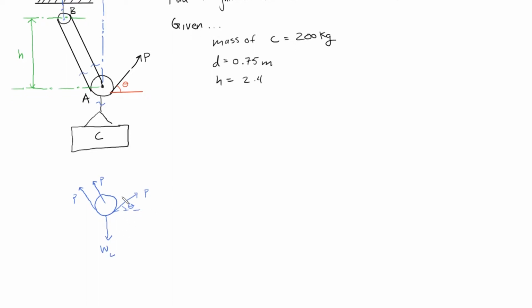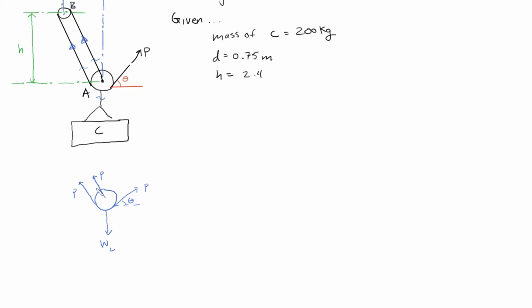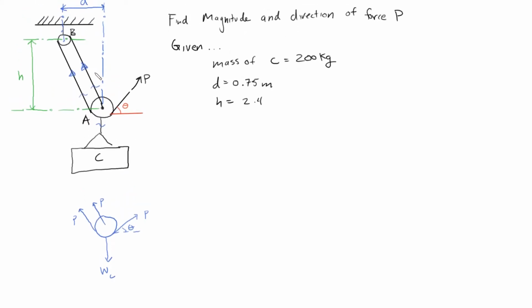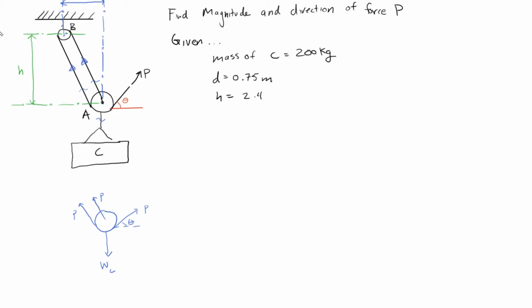Since these forces are parallel, this is given in the problem, this is parallel to this tension force right here. So these two forces right here are parallel. We have to find the angle between them. What's nice about this is they give us the distances between the two pulleys in the vertical and horizontal direction. So we're going to solve for that angle. We're going to have some triangle created like this.